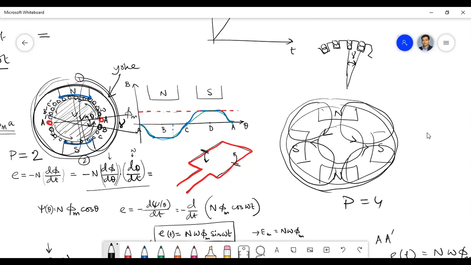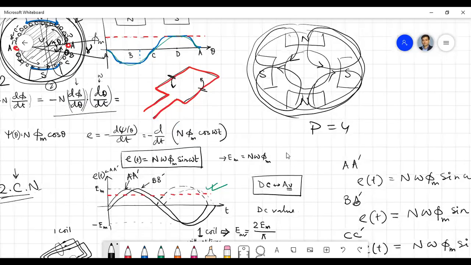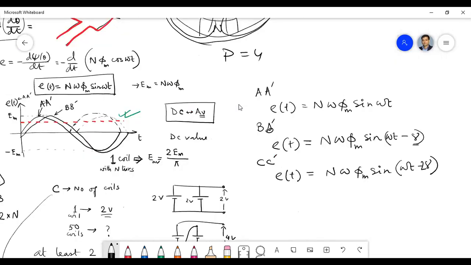Now, when they rotate, the same space angle, gamma, will be converted into a time angle, as we have written here. Here, gamma is not the space angle. Here, gamma is the time angle, because omega t is basically the time angle. Omega t, this angle is created by time. So, therefore, this gamma is also the time angle, not the space angle.